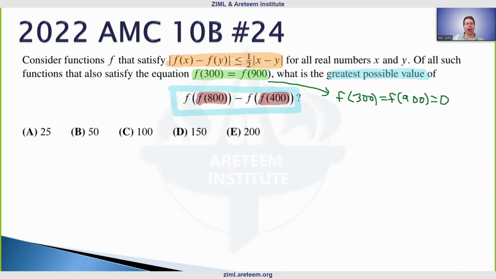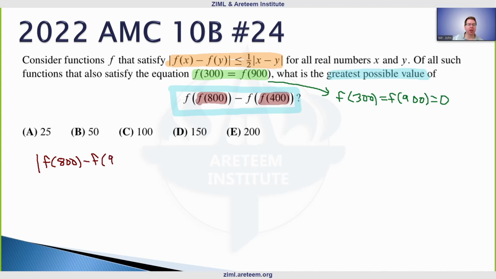Now, we could write restrictions in different places, but it should be fairly intuitive that f of 800 is close to 900. So if we want to look at something about f of 800, we want to compare it to f of 900. So we'll do the first one in a little bit more detail here. If we look at our restriction then, we see f of 800 minus f of 900.